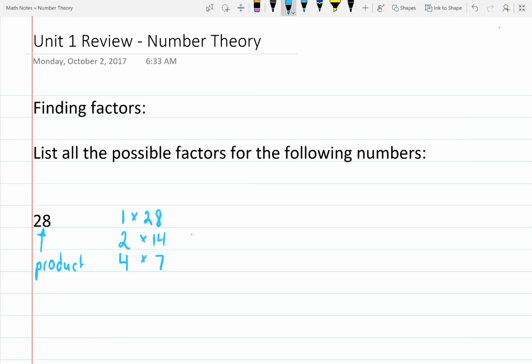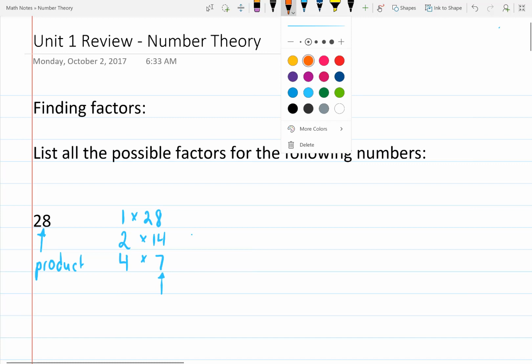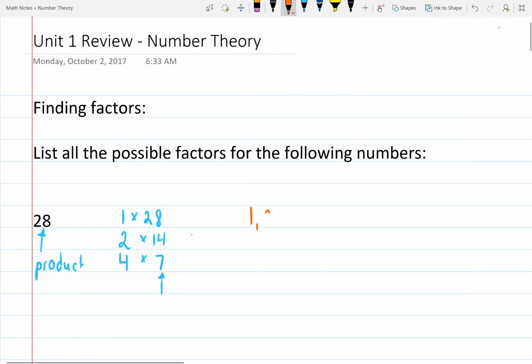Well, we already have 7 here, so we know that we found all the factors of 28. To the right of the number, you can list the factors: 1, 2, 4, 7, 14, and 28. That gives you the list of factors for the number 28.